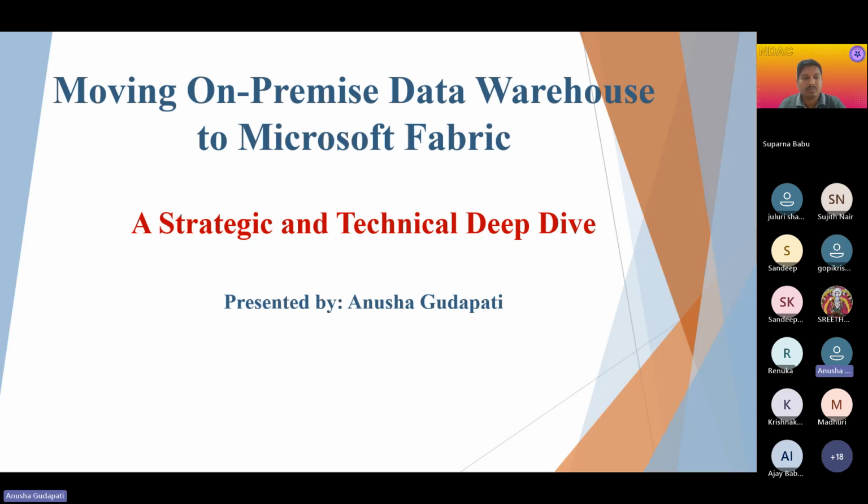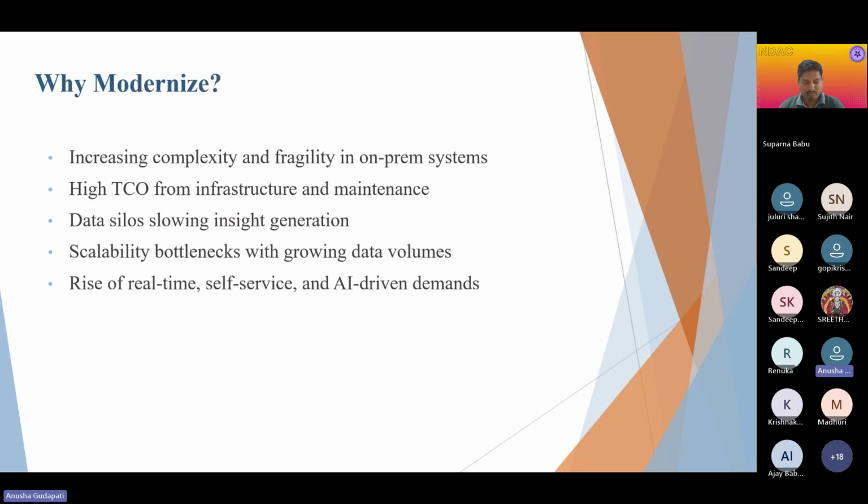So let's get started. Before we move to understand what Microsoft Fabric is, with this special session specifically talking about an on-premises data warehouse, let's first understand why we have to modernize it at all. Of course, it's the most basic question that comes to on-prem versus cloud features. The on-premises systems are becoming increasingly difficult to manage due to their complexity and fragility.